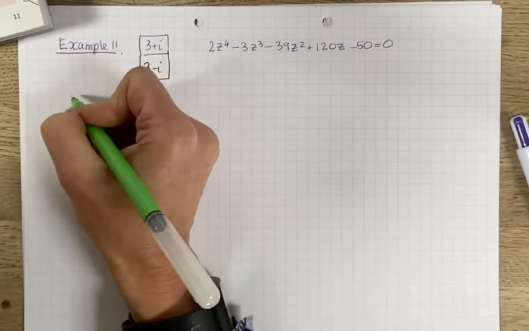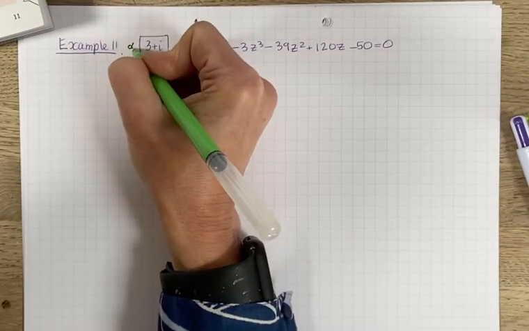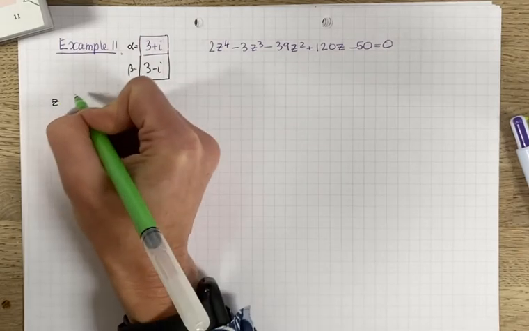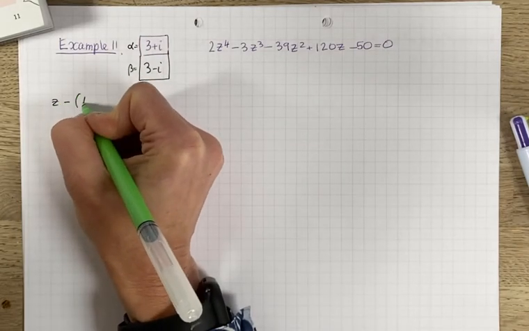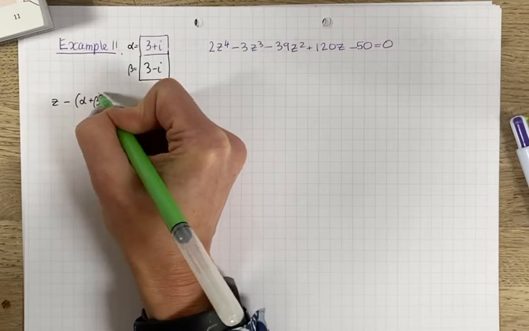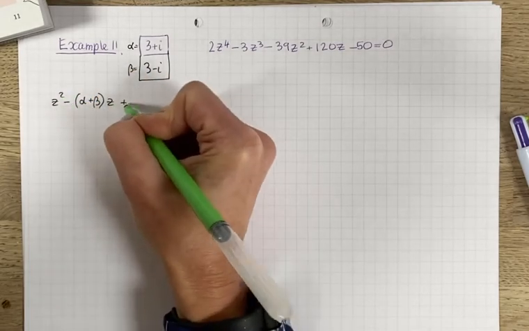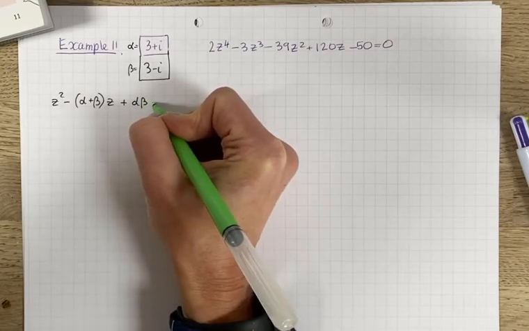Okay, so let's use the alpha and beta method. In the alpha and beta method, you're going to put the sum of the roots in front of z, minus the sum, and the product of the roots at the end.